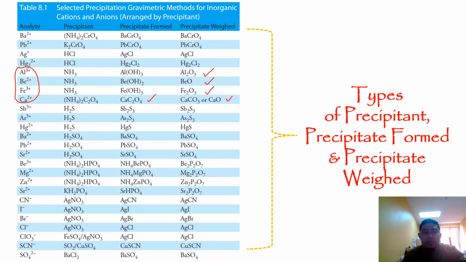So you can use the precipitant; the precipitant reacts and then the precipitate forms. Maybe some of the precipitates formed will give the same chemical formula after weighing, because sometimes there is no need for a drying process and you will have the same product. But sometimes after you dry the product by ignition, the product will give you a different precipitate for weighing.